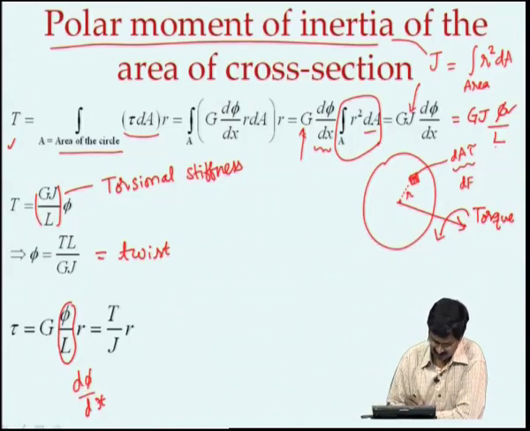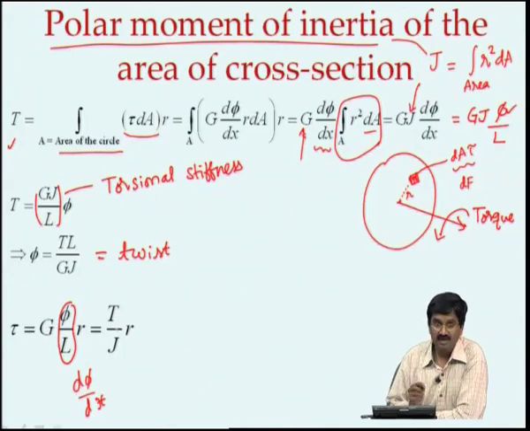Then we can say, because now you look at this relationship between T and phi, we can get the shear stress as T divided by J times r. These three quantities, that is phi by L times G, we can write phi by L as T divided by GJ. So, if I take that relationship, I get T by J times r. This is how I can get the shear stress.